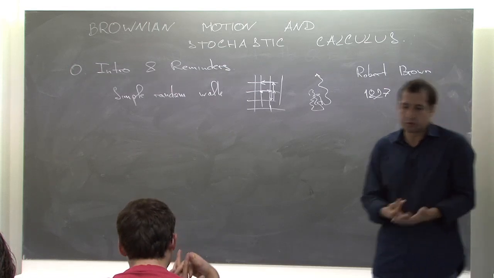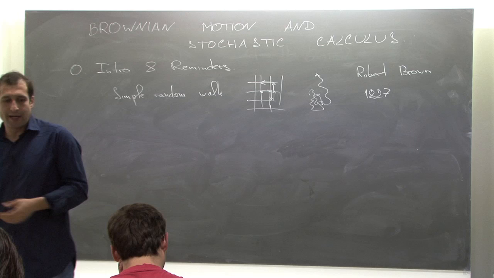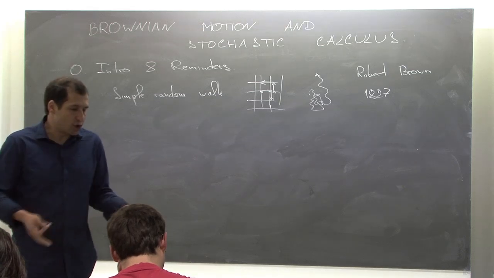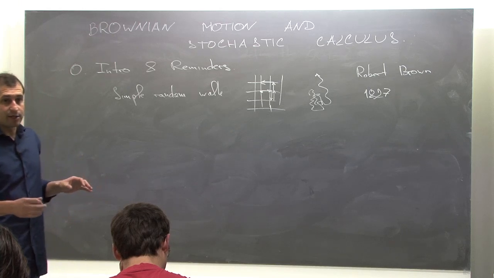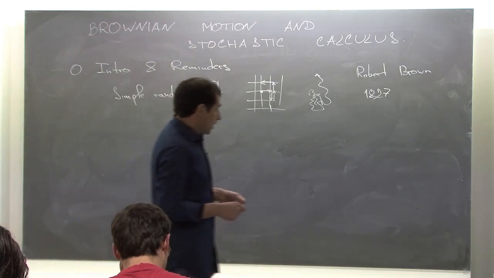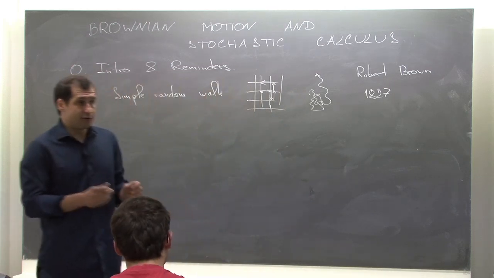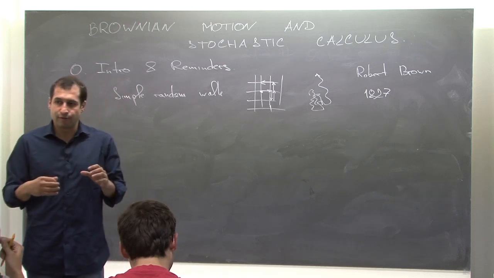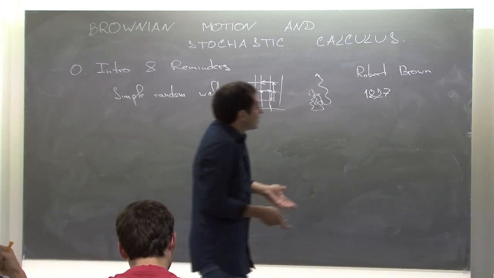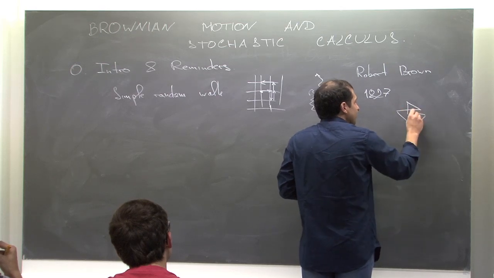He just made some observations in a microscope, and it's a pity I cannot show you an experiment like Ivan did, but just imagine this virtual experiment. You just watch a drop of water in a microscope, and there is something that is much larger than the molecules of water moving there. And so he made some pictures, and it was some random movement.